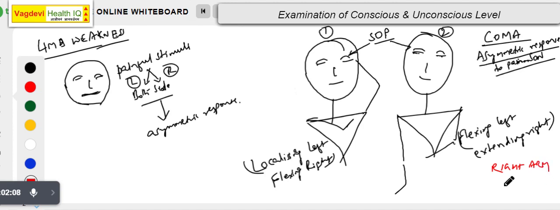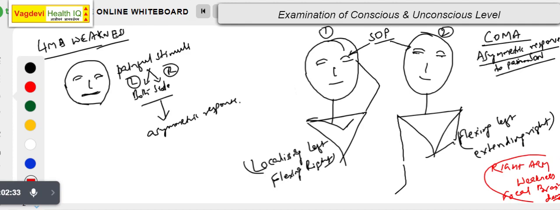I know right now you must be thinking what sir is telling and how it is, but it is a right arm weakness. It could be because of focal brain damage. So this is one of the simple examples.